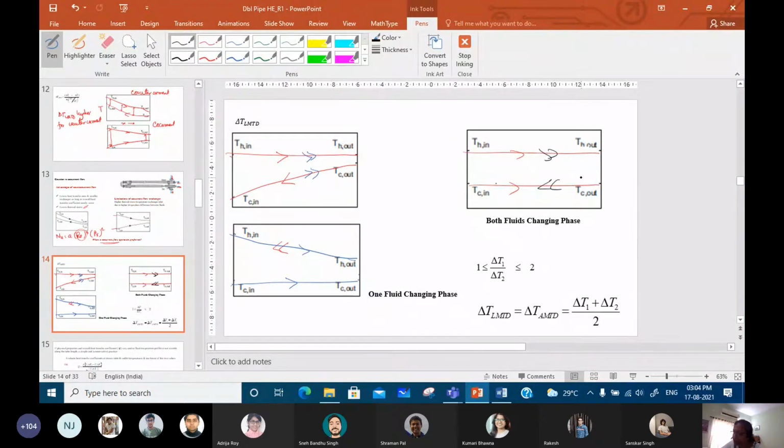So whenever one or both the phases are changing phase, under that condition, whether it's co-current or counter-current flow, you don't have to bother.